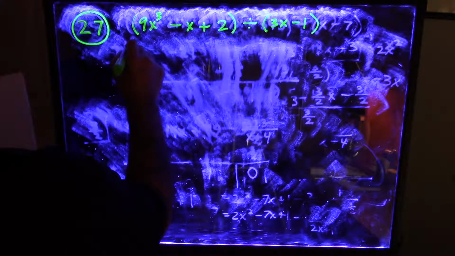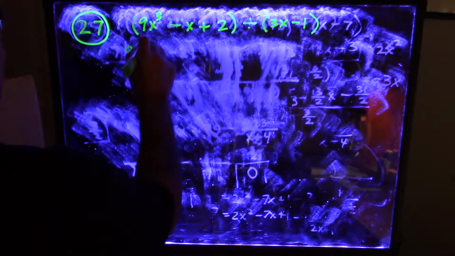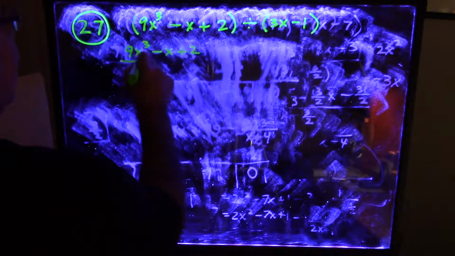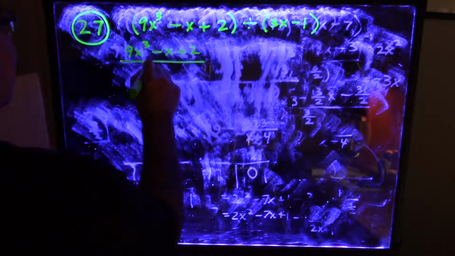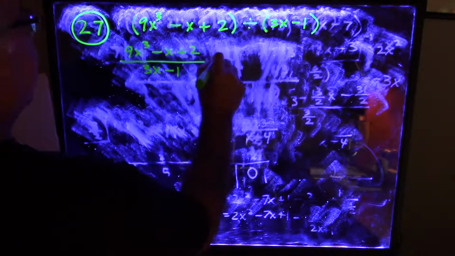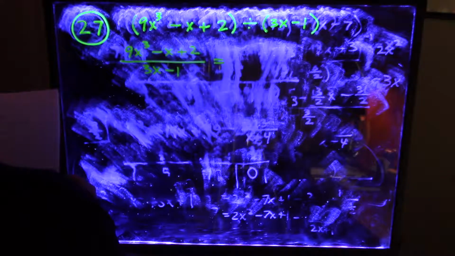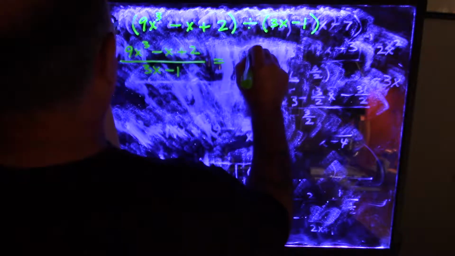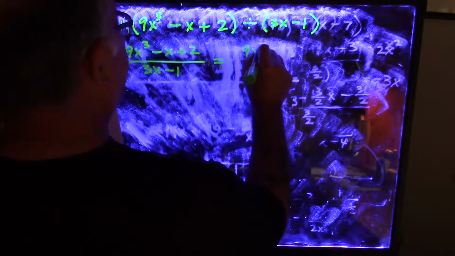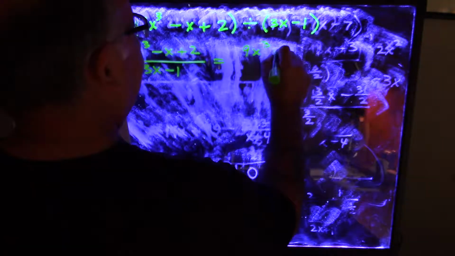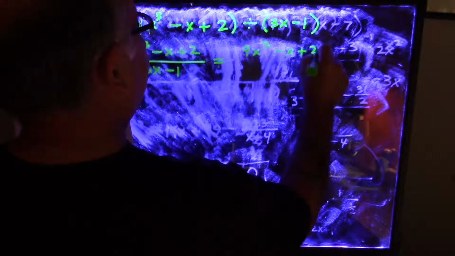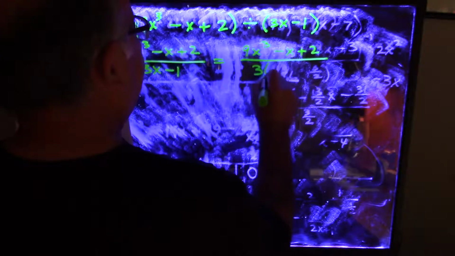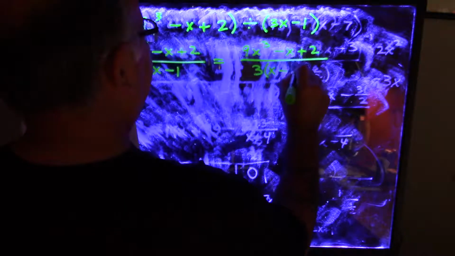Alright, so we've got 9x cubed minus x plus 2 over 3x minus 1. And I'm going to do what I did before, factor 3 out of the denominator. So we've got 9x cubed minus x plus 2, and then factor the 3, that leaves you with x minus a third.